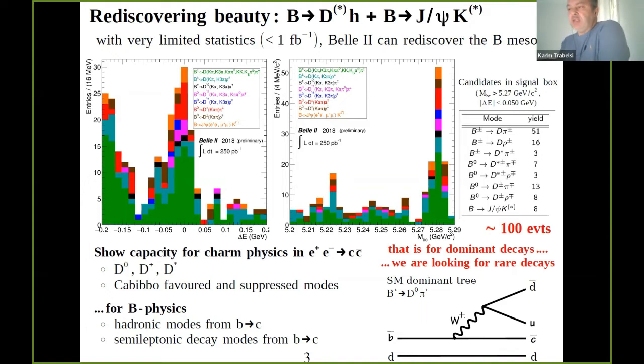You see slowly building up some peak, identified as basically your B signal. So just to remind you that what we were looking for here are dominant standard model B decays.